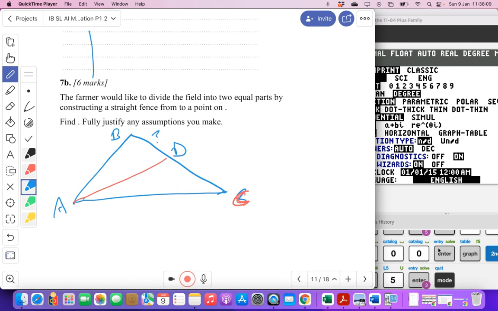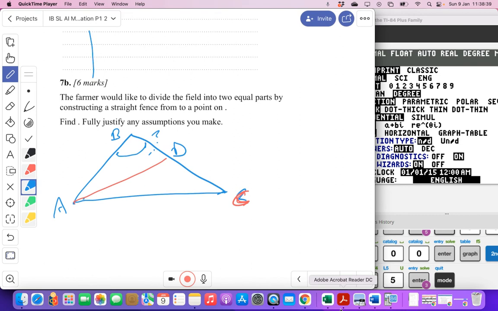The other way of doing it, again, is we're splitting the area in 2. If I look at side angle side up here, I could use the area rule for that. So if I could find the angle at B, I think that's the easiest way for me to do this, is find the angle at B. So I'm going to use the sine rule because, again, I know some opposite sides and angles.